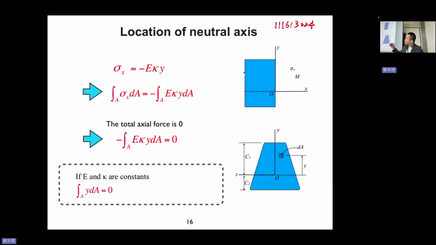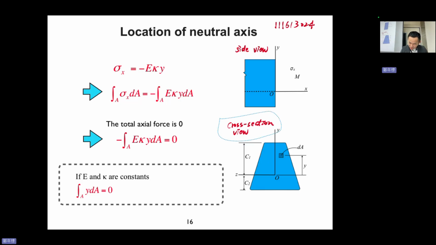When you see X to the right, Y to the top, it is side view, right? This is side view. And if you see Y to the top, Z to the left, it is cross-section view. Okay.